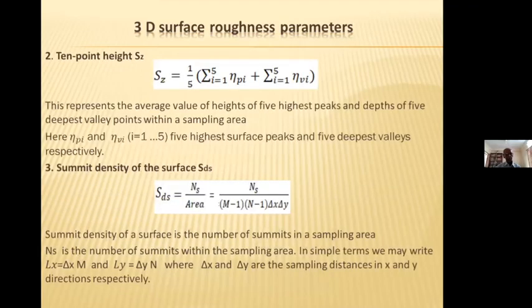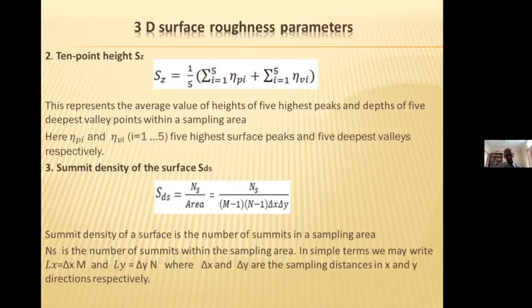There is also another very widely used parameter called ten-point height, Sz. This is defined as, or it represents the average value of the heights of 5 highest peaks and depths of 5 deepest valley points within a sampling area.